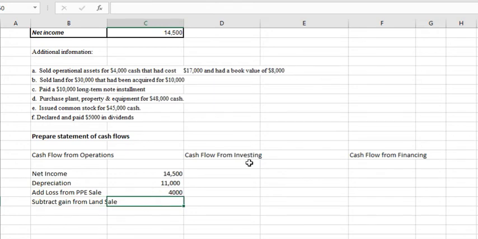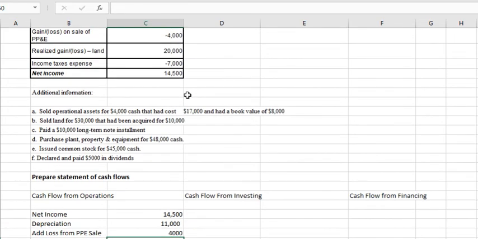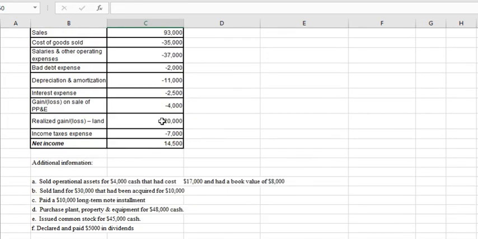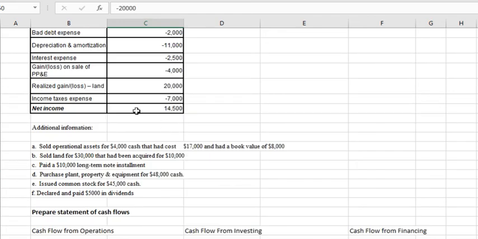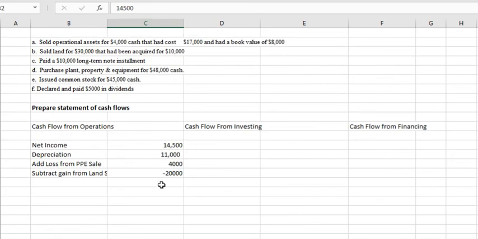So we are going to look at that, and the gain from the sale of land is $20,000. We need to subtract that. It is inflating our net income figure. We need to take that out. As you're going to see, it's going to be part of the cash flow from investing.